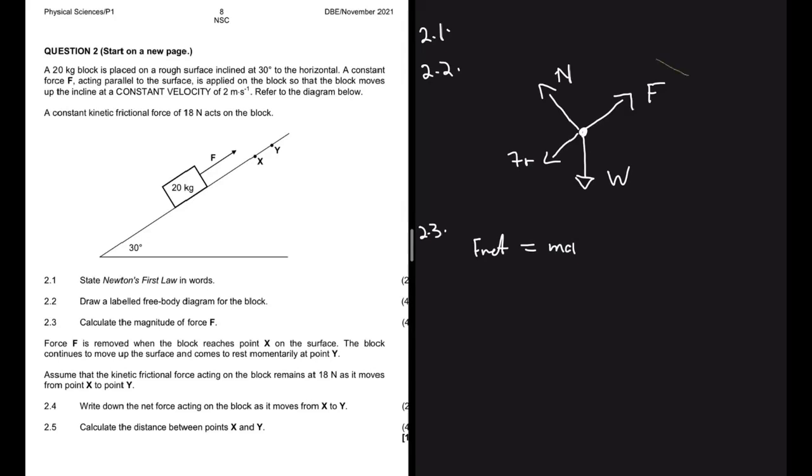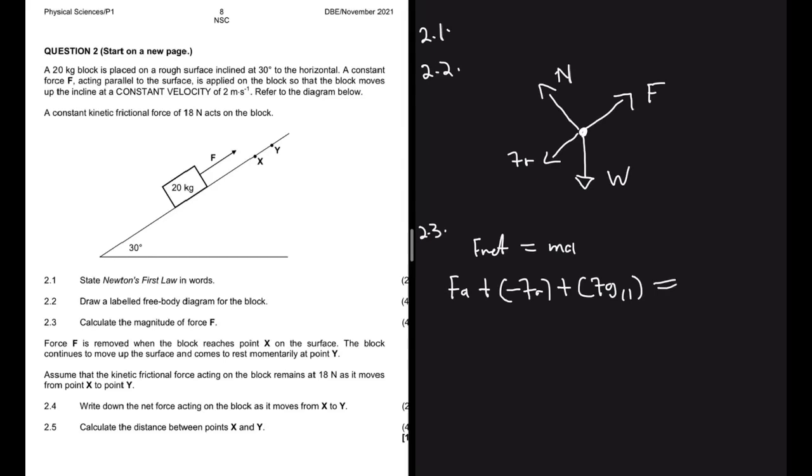F net is what we have on the free body diagram, right? So what we have is F applied plus all the other opposing forces. What are the opposing forces? First is friction, right? Because friction is always opposite the direction of the motion. And then the other force we have is FG parallel, right? Which is equal to MA.